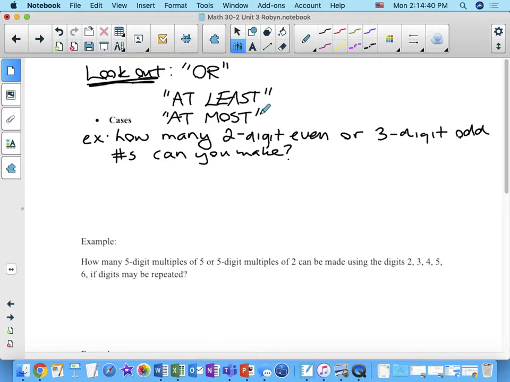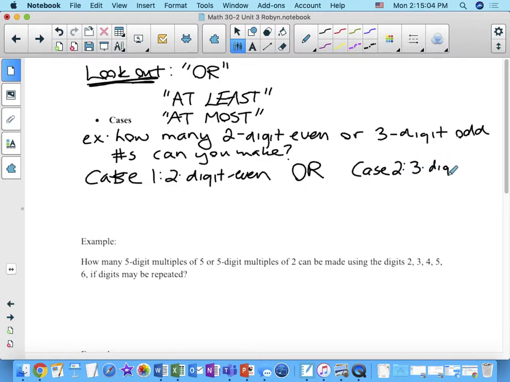Okay? All right, so how many 2-digit even or 3-digit odd numbers can you make? Well, we've got case 1, which is the 2-digit even. Okay? Or case 2, which is the 3-digit odd. Okay? Well, if we're building a 2-digit even number, where would we start?